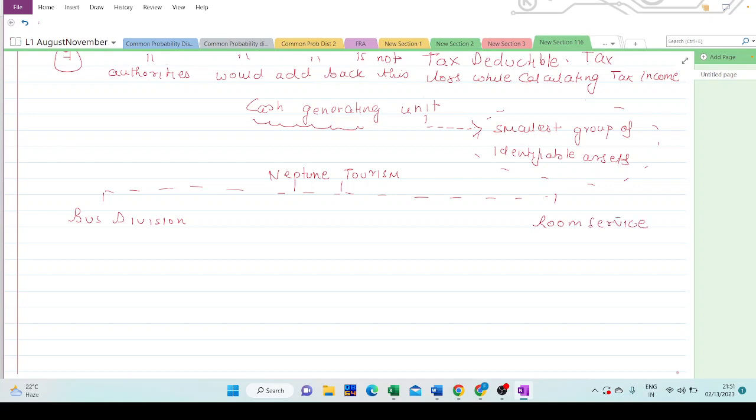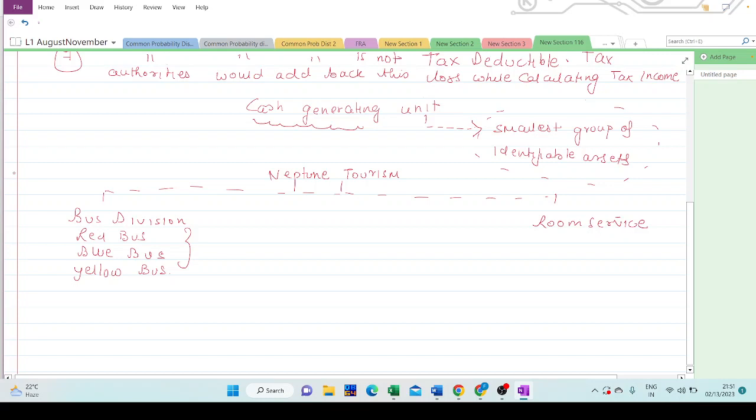Now in the bus division, Neptune Tourism has three buses: one is your red bus, blue bus, and yellow bus.